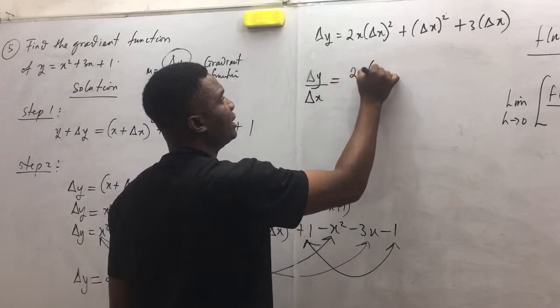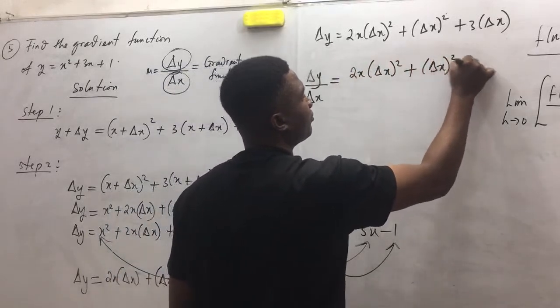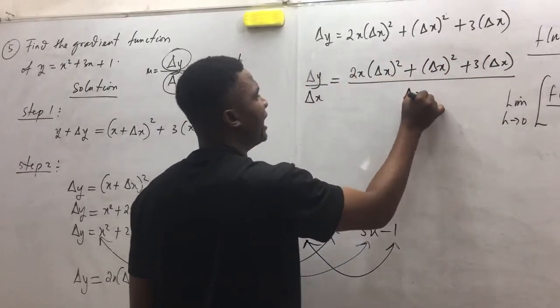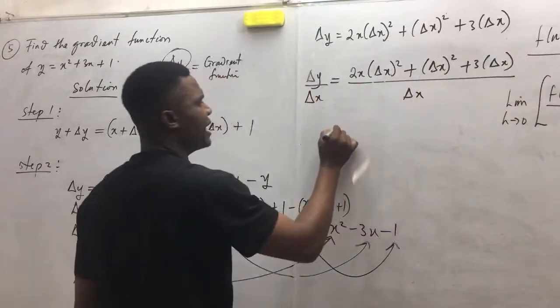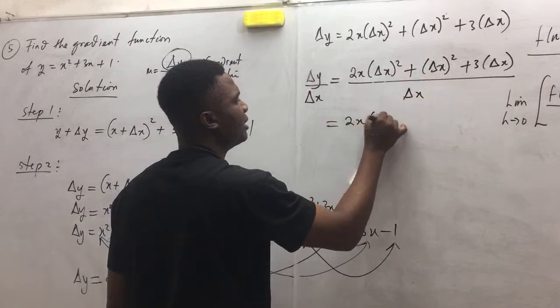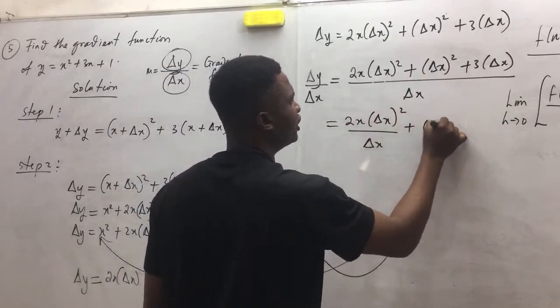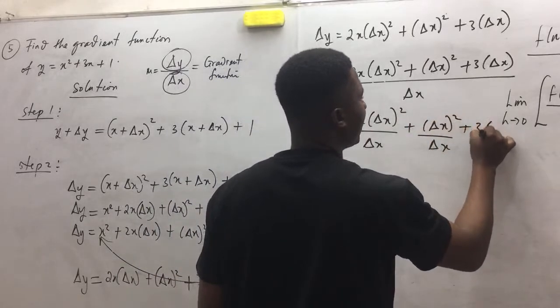And that would imply dividing what we had above by change in x. And dividing the sum of these terms by change in x simply means dividing each of them by change in x. So I'm going to be dividing each of them here by change in x.